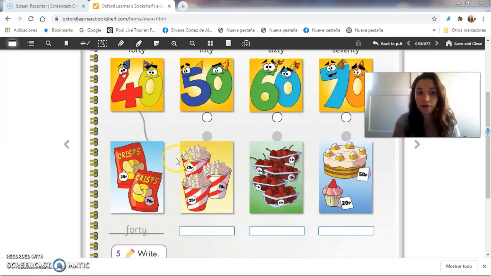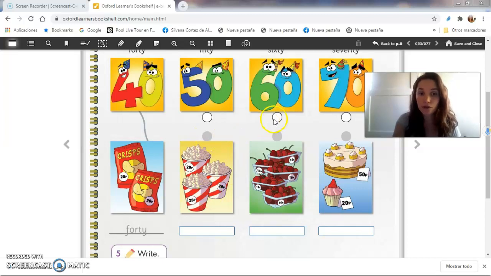Then, look at the popcorns. How much are the popcorns? Yes, 20 pence. So 20, 20, and 20 is 60. Very good.